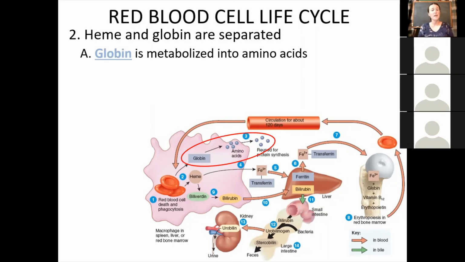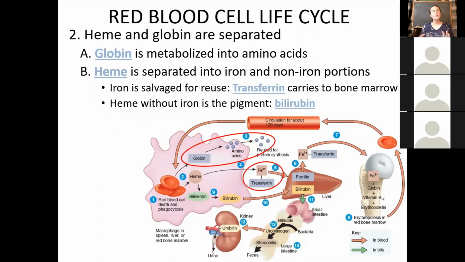Remember, the globin is the protein component of hemoglobin. Proteins consist of chains of amino acids, and so we can break the amino acids apart and recycle them for more hemoglobin, or for other types of proteins in the body. Essentially those amino acids are dumped back into the blood, and they can be used by the body in any way it needs.